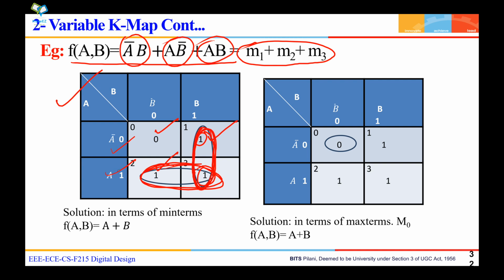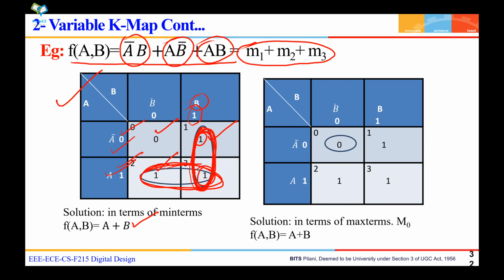So a into a bar is going to cancel, right? A bar is going to cancel, and what is remaining is only b. If you take this grouping, here you have 0, here you have 1, and this a bar will get cancelled, and what is going to remain is only b. So you put expression b.